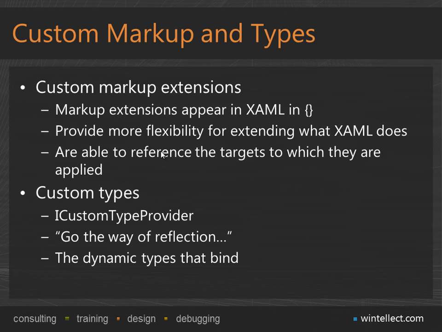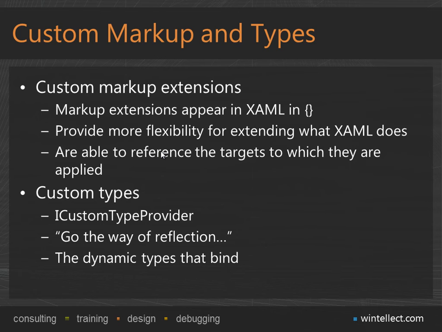Sometimes we have frameworks or utilities and methods that we want to put in that XAML to help things out, and we really can't because there's no mechanism to do it. What custom markup extensions do is allow us to create basically a new syntax that you place into XAML to do interesting things, and I'll show you an example of what that is.